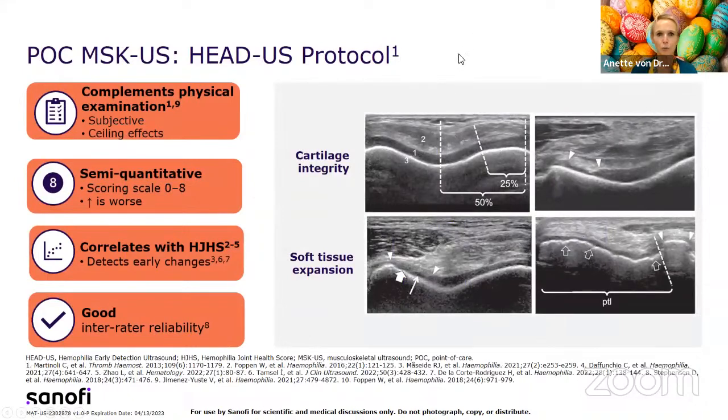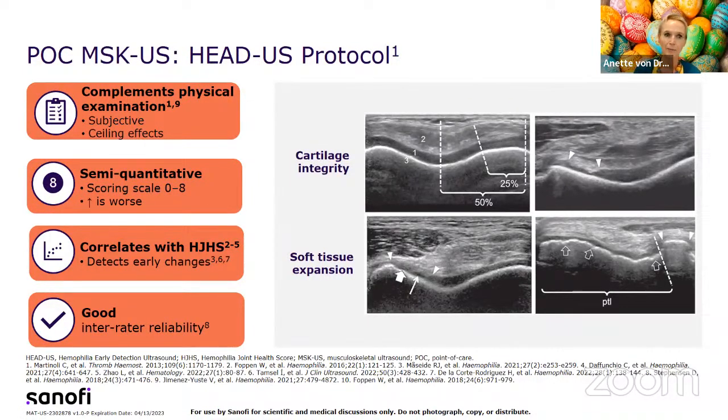There are two protocols to show or pick up early changes or also later changes on ultrasound in all different domains: cartilage, osteochondral, and synovial. One is the HeadUS protocol. It complements physical examination. It is a scoring protocol and therefore encounters ceiling effects.